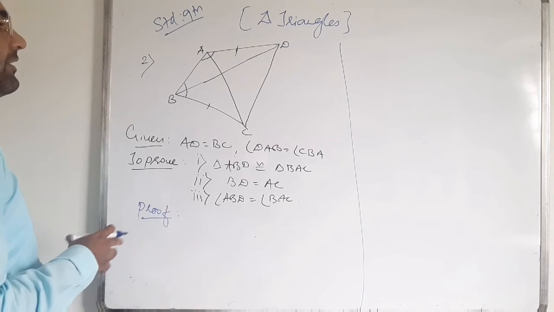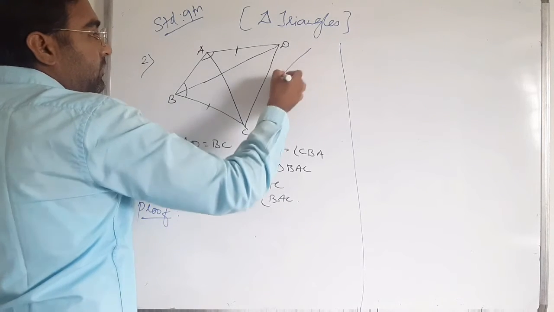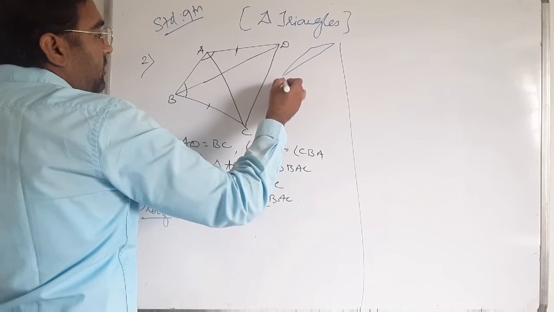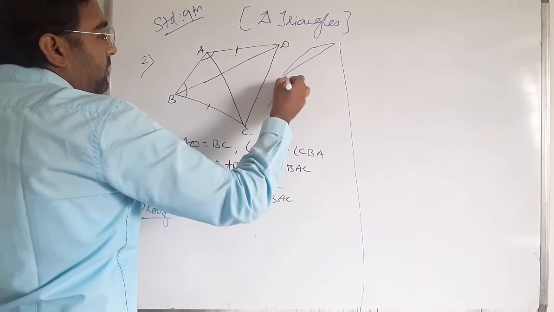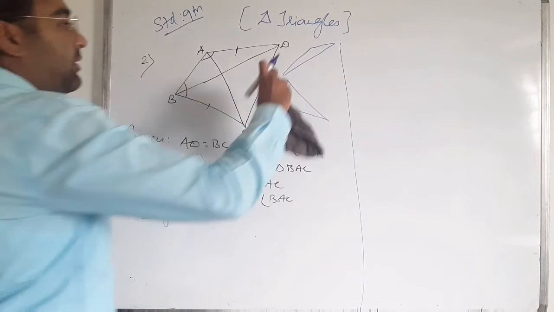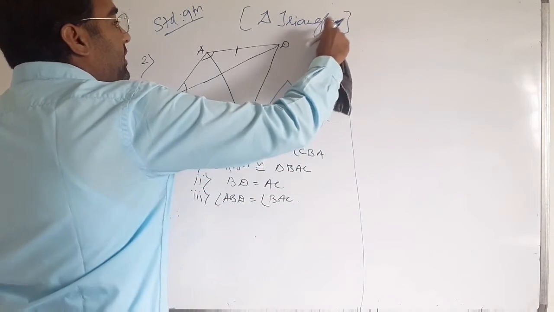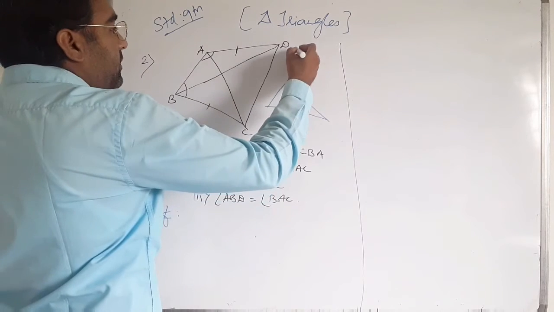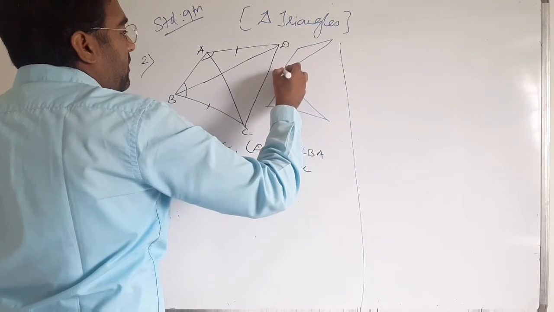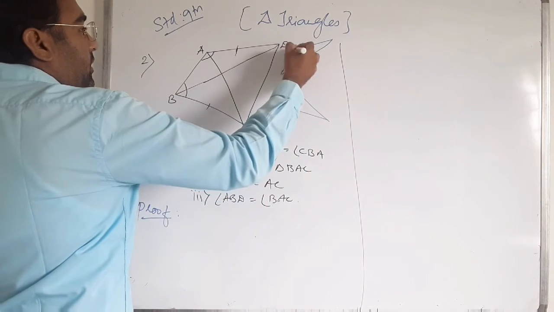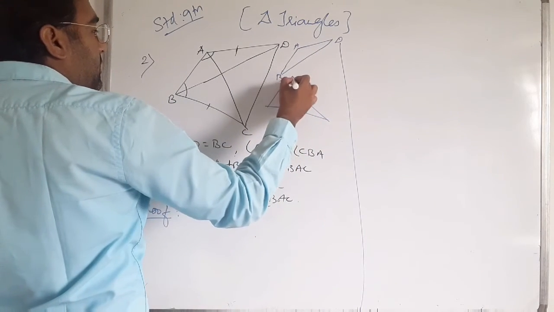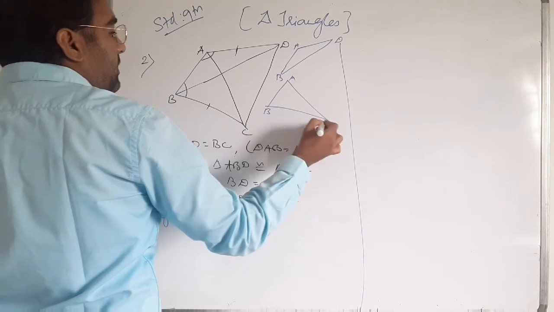For that I'll split these two triangles from the quadrilateral: one is ABD, and the second is ABC.